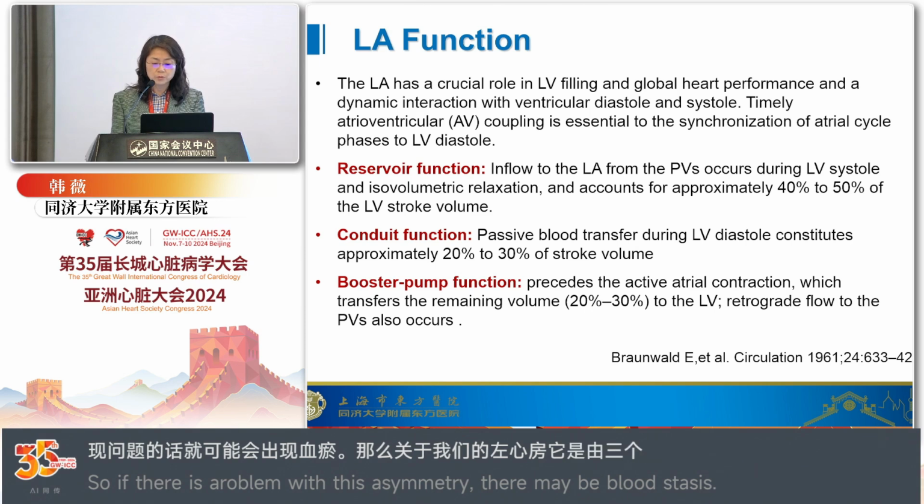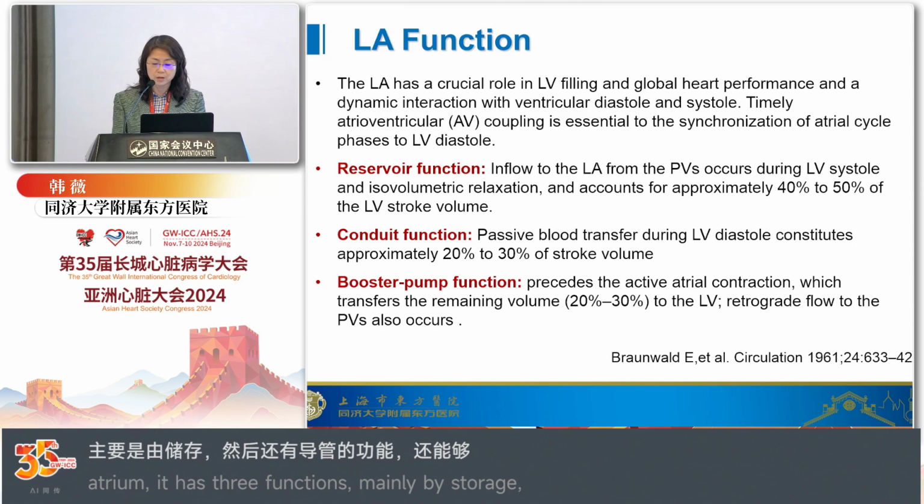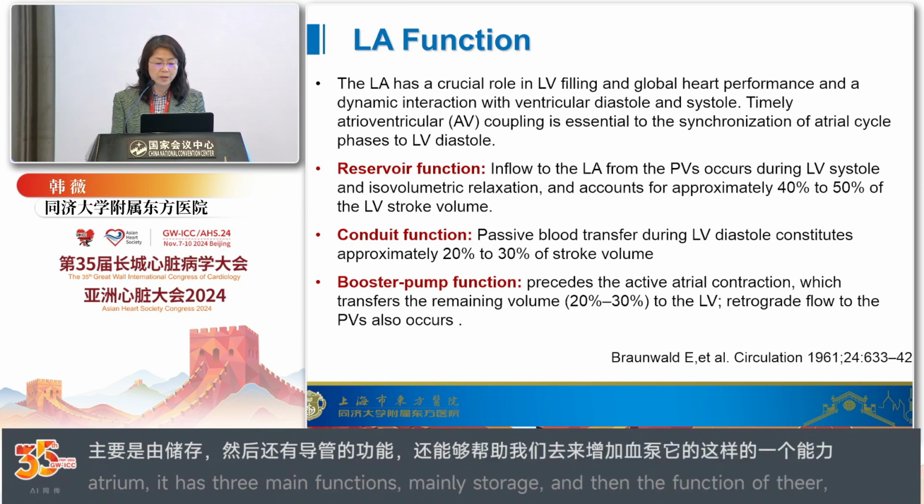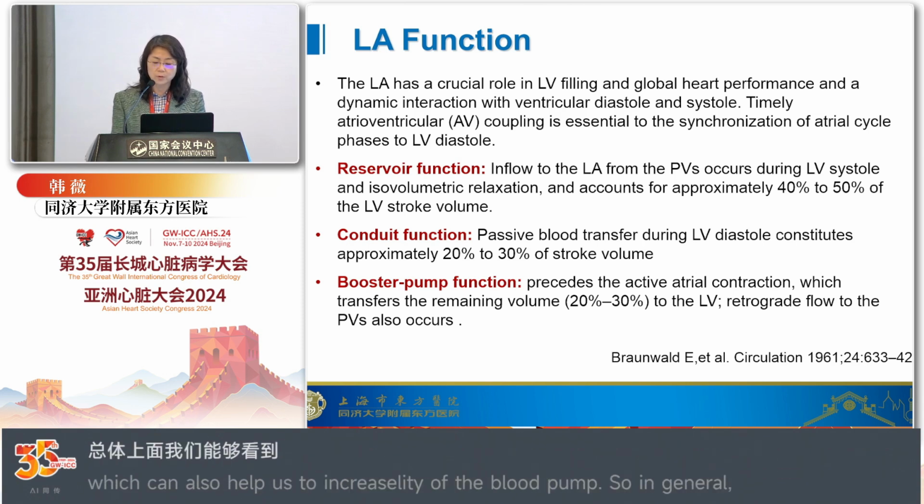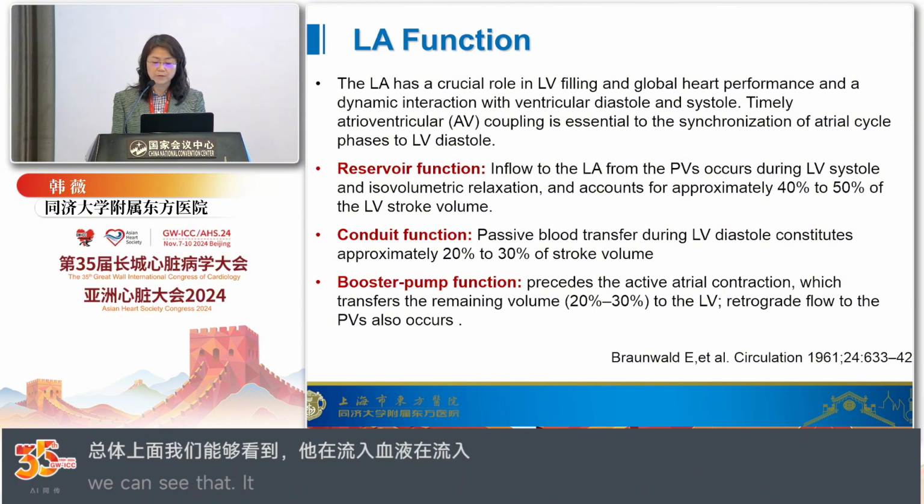Inflow to the left atrium from the pulmonary veins occurs during left ventricular systole and isovolumetric relaxation and accounts for approximately 40% to 50% of left ventricular stroke volume.